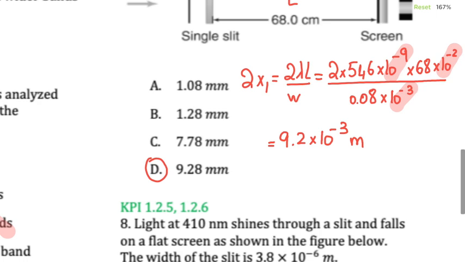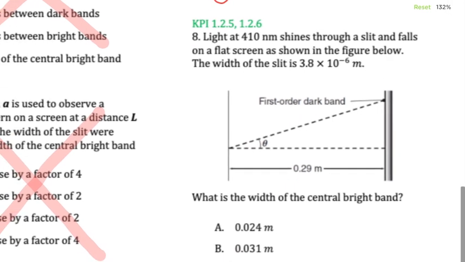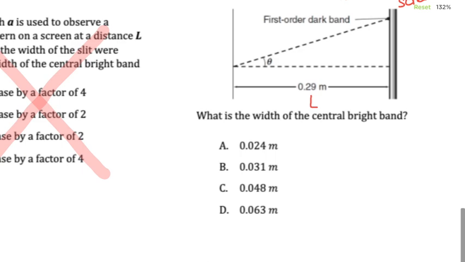Question 8. A light of 410 nanometers shines through a single slit, again with diffraction, and falls on a flat screen as shown in the figure below. The width is given and the length from the slit to the screen. So what is the width of the central bright band?